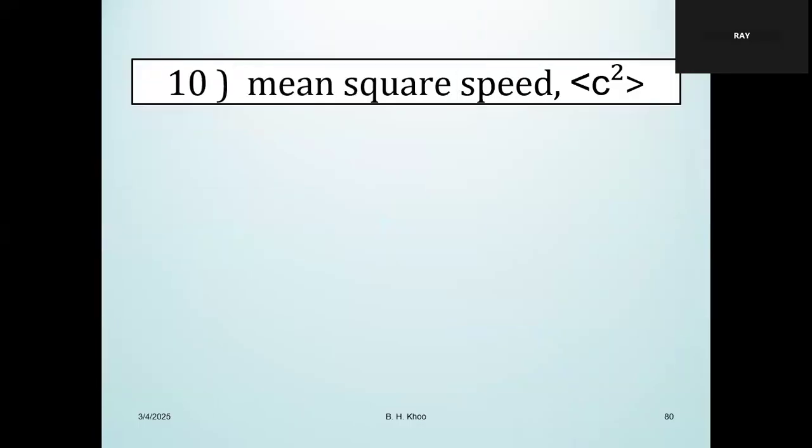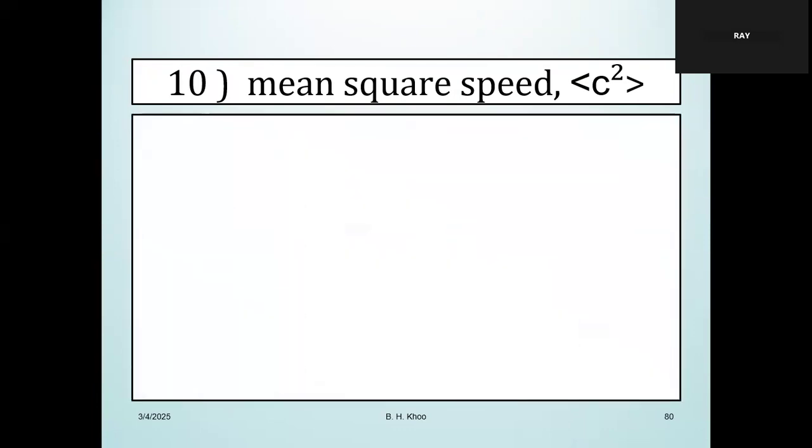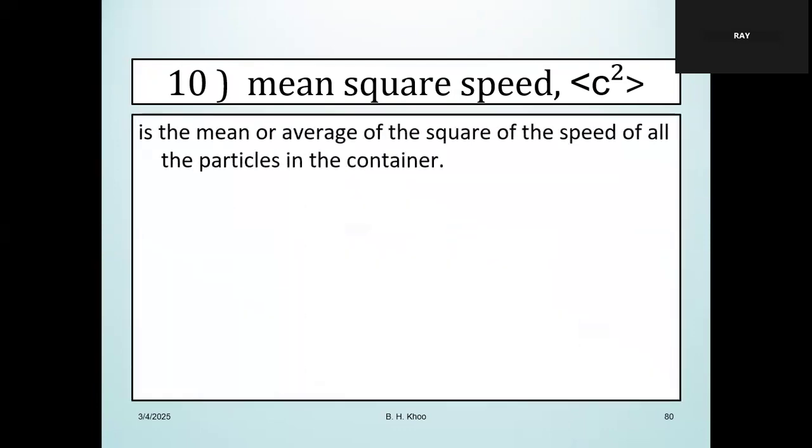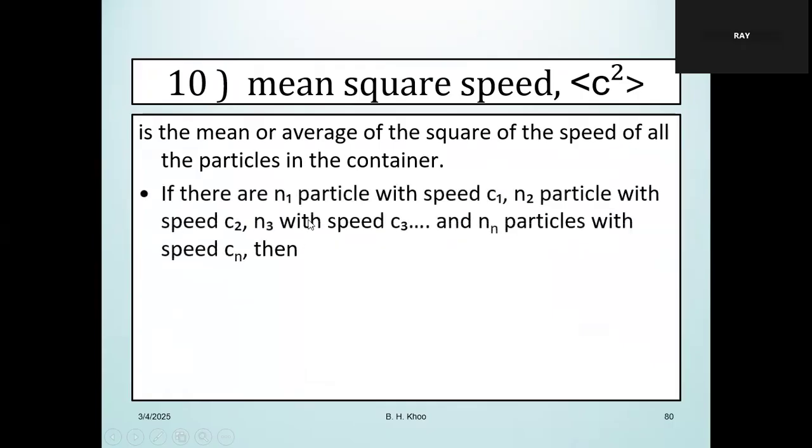But before we go there, let's look at some of the terms. Mean square speed is the mean or average of the square of the speed of all the particles in a container. Right?